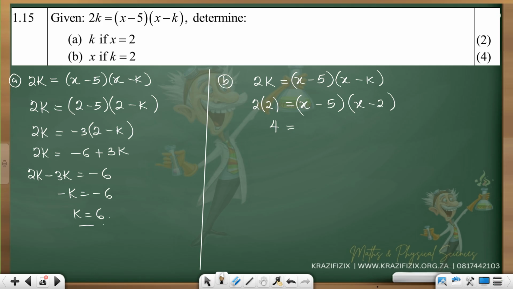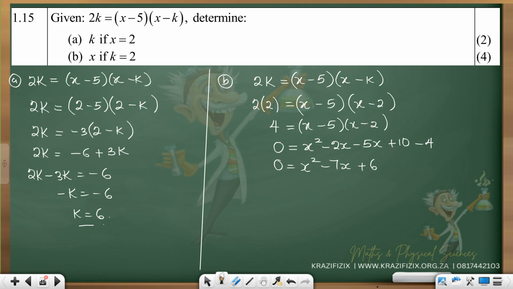Okay, guys, remember, we said you cannot do anything until the right-hand side is 0. So we have to expand this. This is x squared minus 2x minus 5x plus 10 minus 4. Please, this 0 is important. Don't leave it empty. 0, therefore, is equal to x squared minus 7x plus 6.